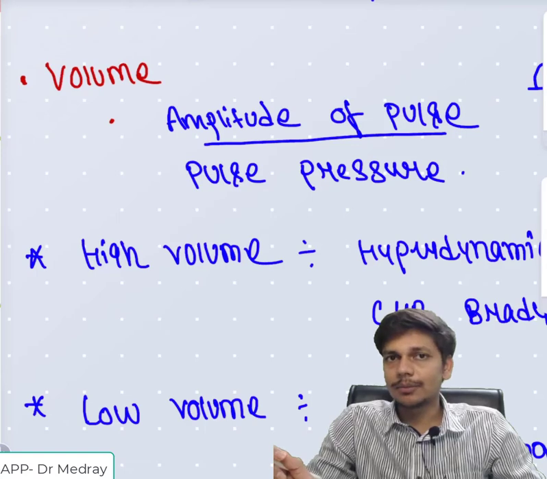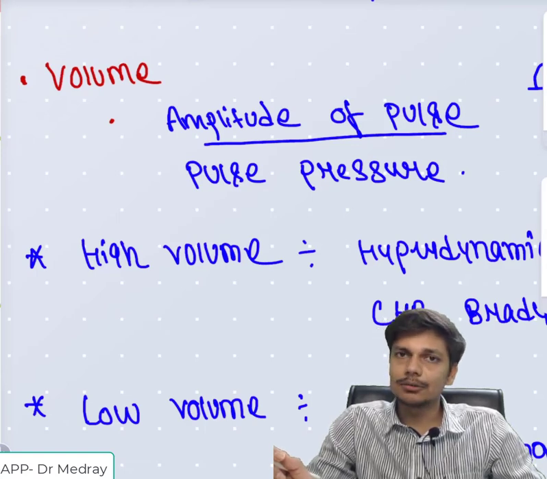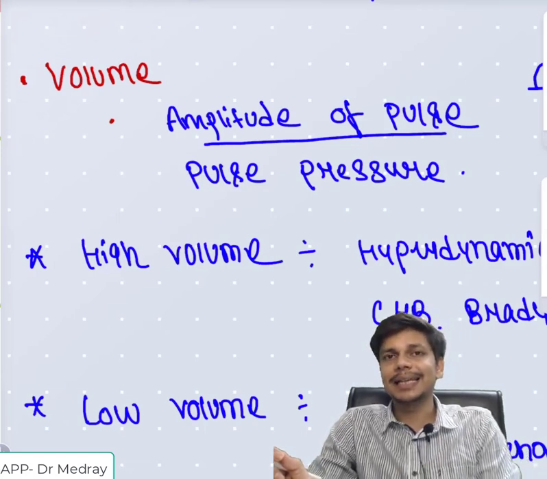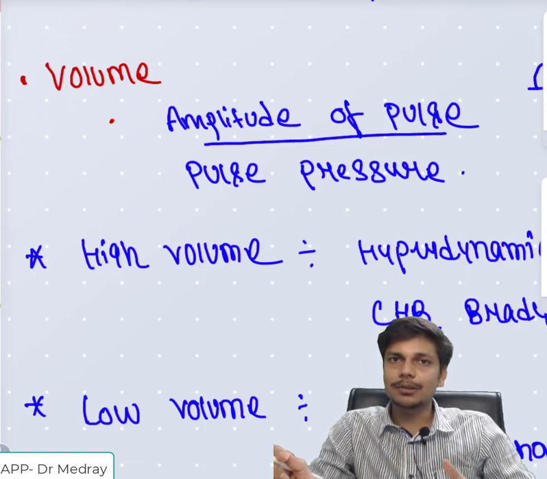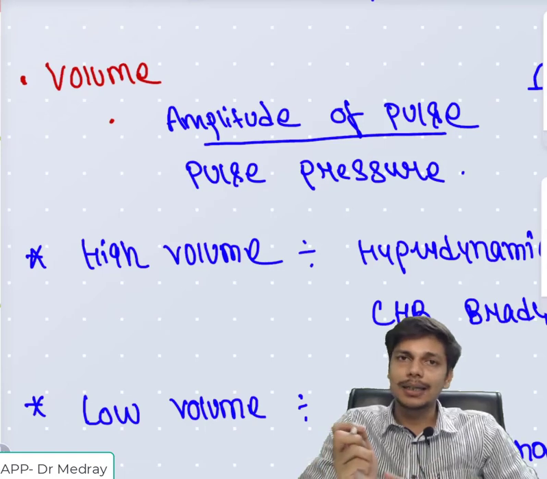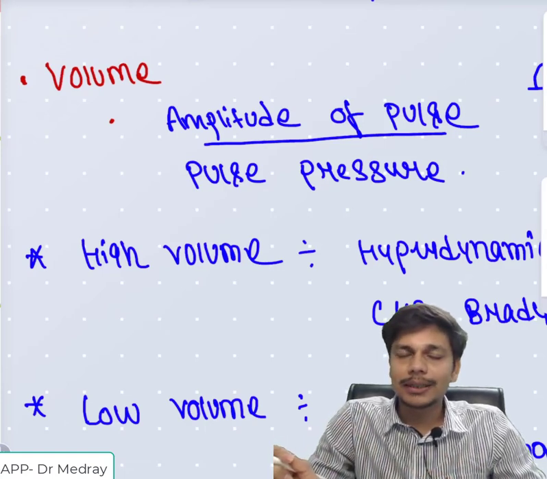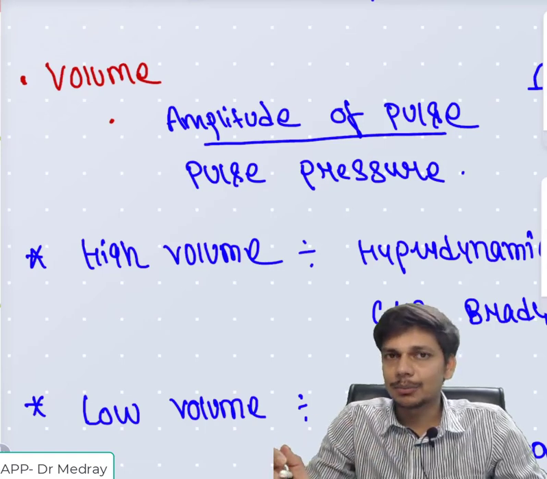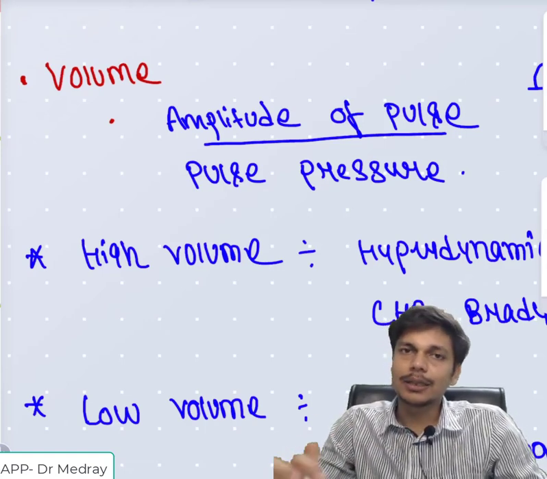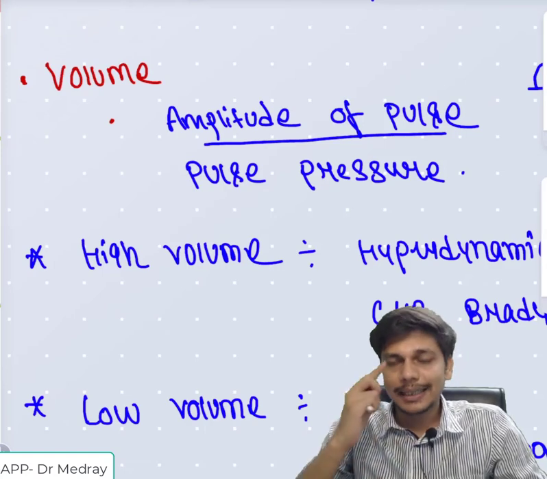But when we look at the volume of the pulse, we usually look at either the brachial or the carotid artery. So remember, while checking the rate and rhythm, we look at the radial pulse. While checking the volume and the character, we look at the carotid pulse.